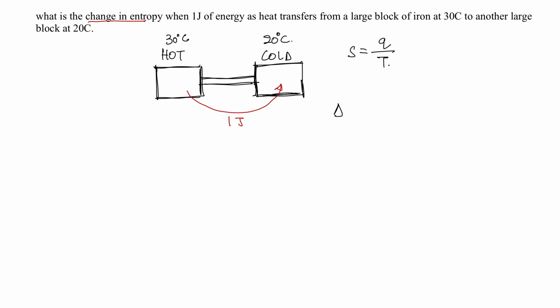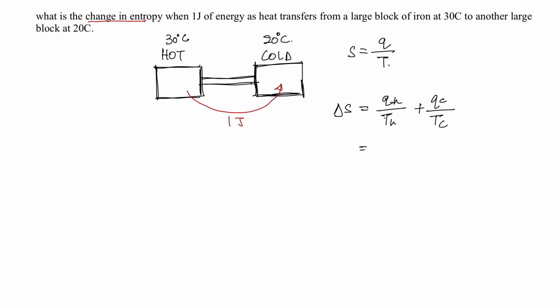So the change in entropy is equal to the heat that's being transferred from the hot block divided by the temperature of the hot block, plus the heat that's being transferred to the cold block divided by the temperature of the cold block.